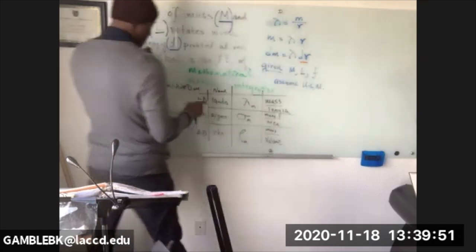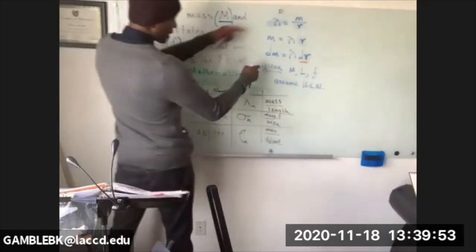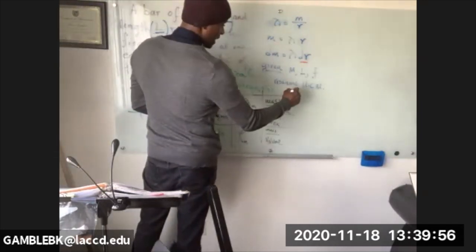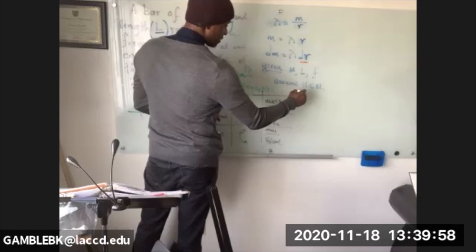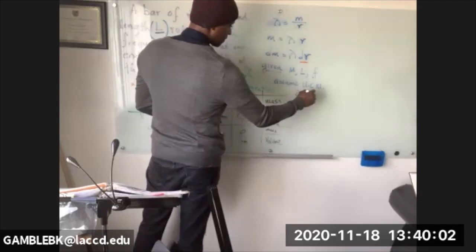Also, I'm assuming that the mass density is constant, so I could use this relationship, assuming that the mass density is lambda, and constant v.